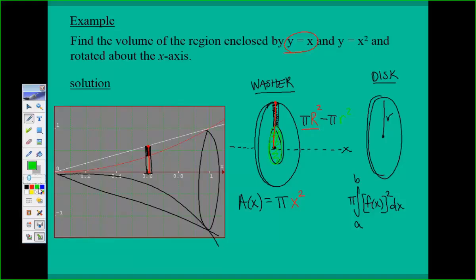Now to find this radius here, what we're actually finding is this distance. That's what we are subtracting off. So that would be the other function, the bottom function. So we'd have pi, and then we're going to replace that with x squared. That's just replacing r, and then we still have to square it.